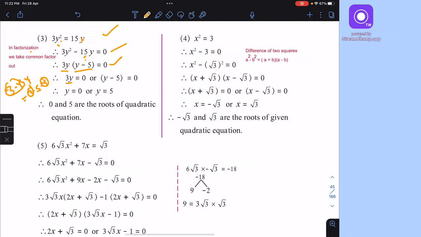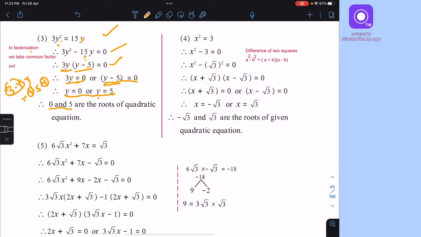Here either 3y is equal to 0, this first factor, or y minus 5 is equal to 0, second factor. If you divide these both by 3, you will get y is equal to 3y upon 3 is y, and 0 upon 3 is 0. And if you add 5 to these both sides, y minus 5 plus 5 will become y. 0 plus 5 is 5. So y is equal to 0 or y is equal to 5.